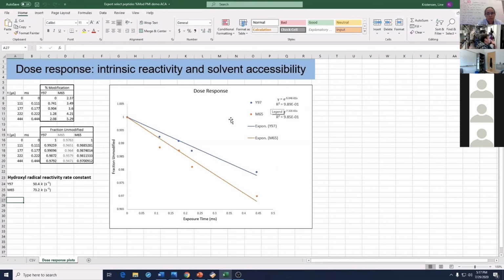From the equation, we can derive the hydroxyl radical reactivity rate constant, and I've shown that down here for both residues. And the rate constant is a measure of both the intrinsic reactivity and the solvent accessibility for that particular residue. That's all I have today.